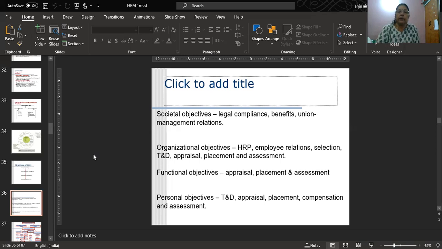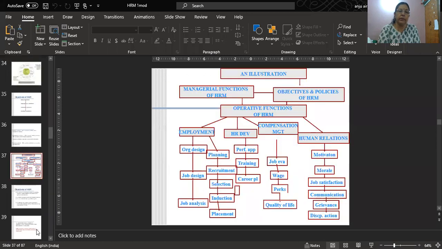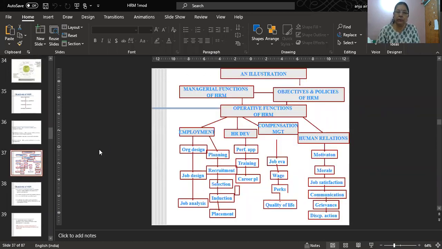Then the departmental objectives will decide the personal objectives or individual objectives of employees, that is appraising their performance, based on that giving them training and development, placing them in the right jobs which is matching to their skills, compensating them well, giving them good benefits, and assessing them and monitoring them all the time. So this is how the objectives of HR is determined, which is right from social objectives till the individual objectives of each employee.